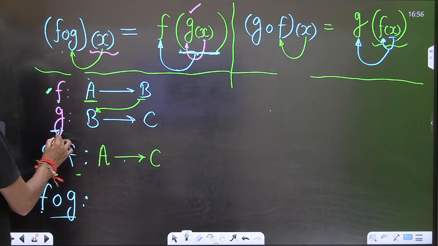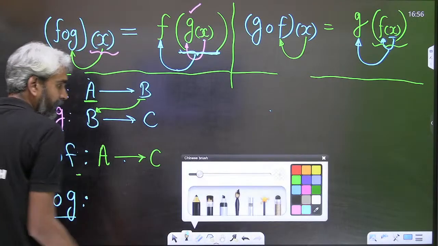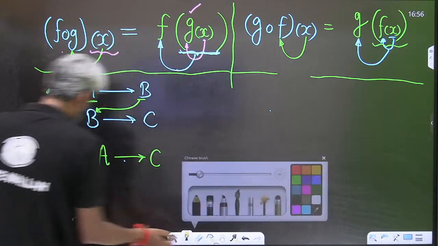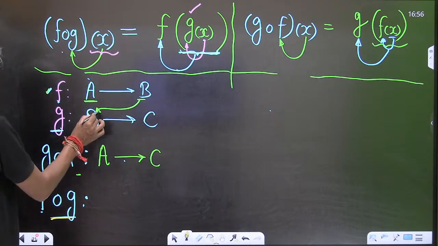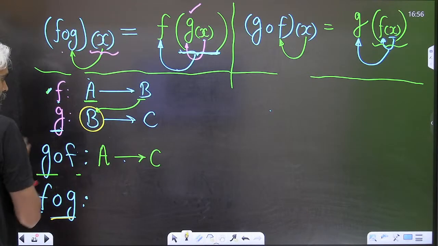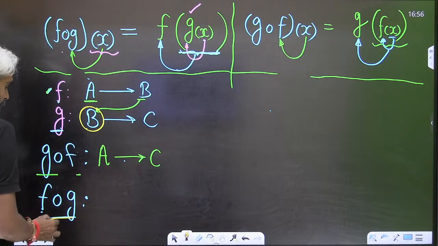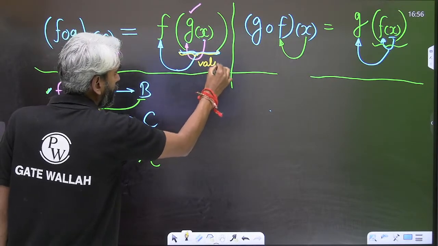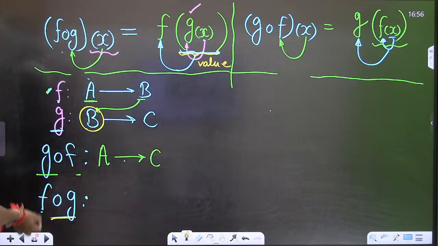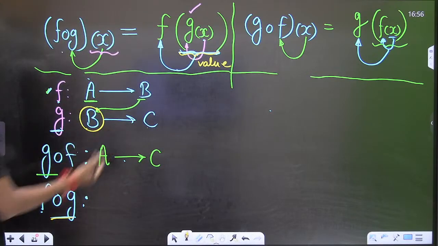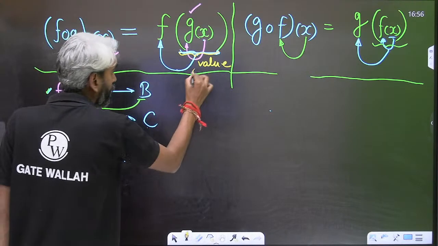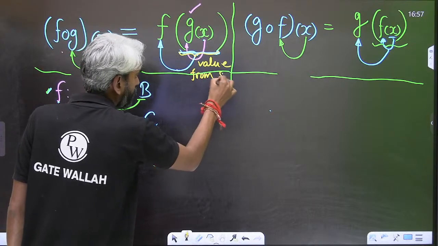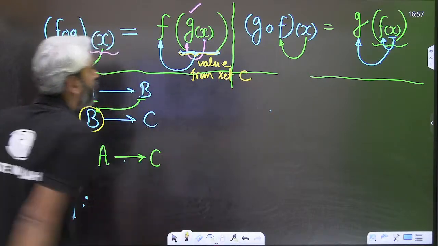So we will pass the input to f of g from the domain of function g, that is B. Now g of x will be a value from the codomain of function g, that is a value from set C.